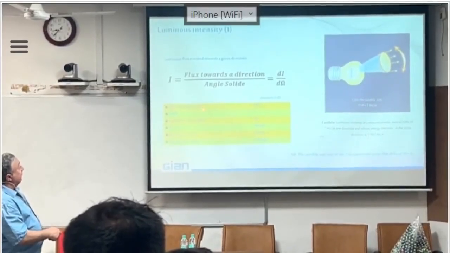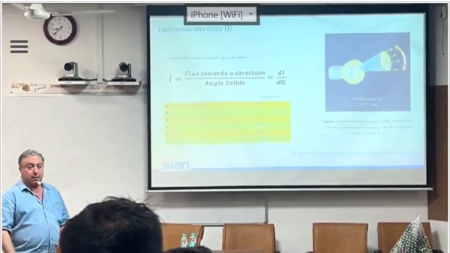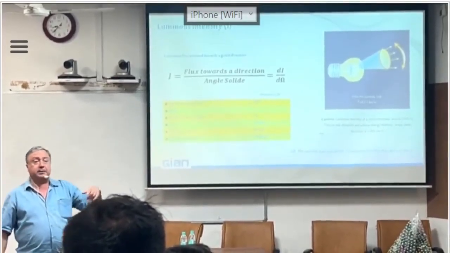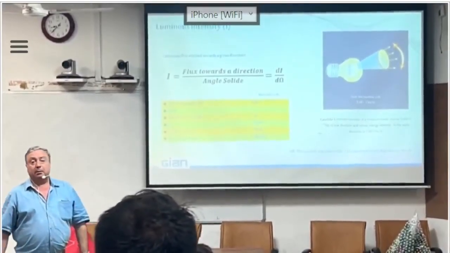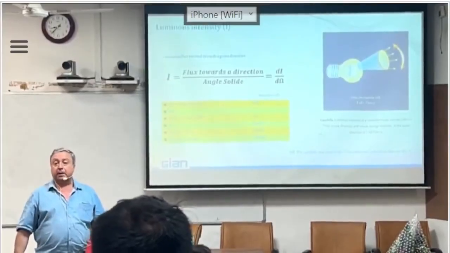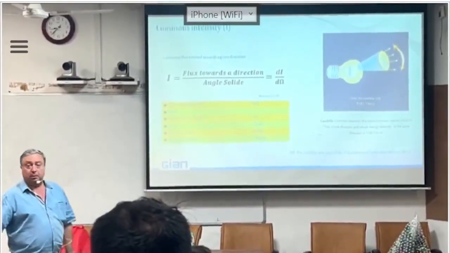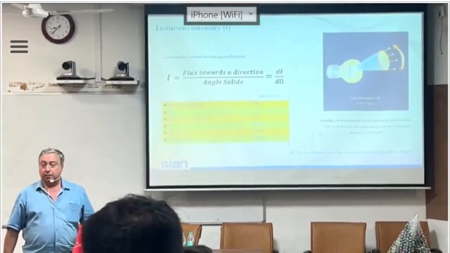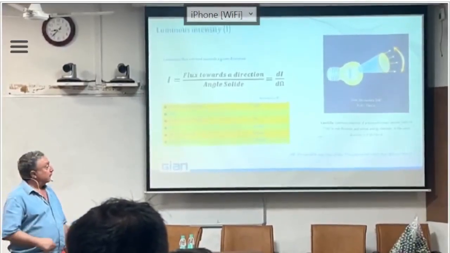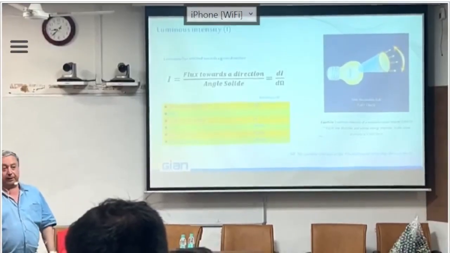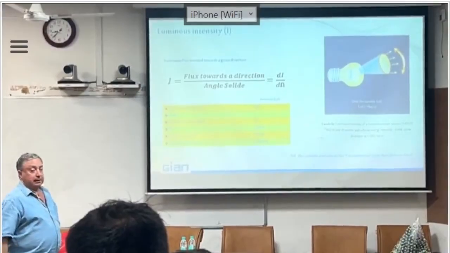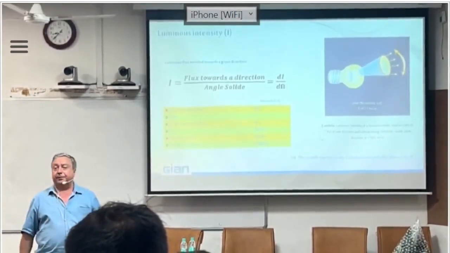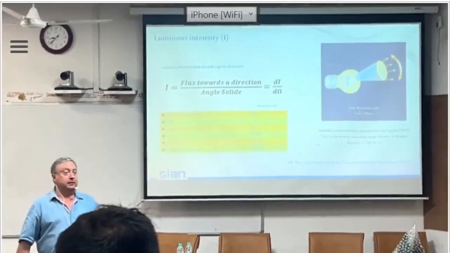A light emitting diode, a red one, that just shows you that a device is switched on or off, is 0.05 candelas, very small. A candle, by definition, is one candela, because it was the first standard of candela. We'll speak about that. A 100 watt incandescent lamp is 150 candles, 150 candelas.